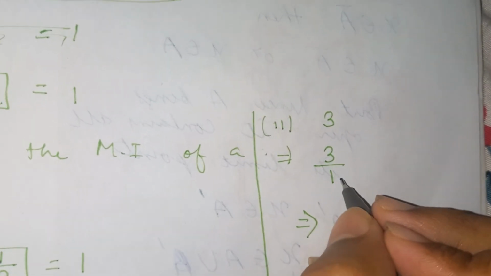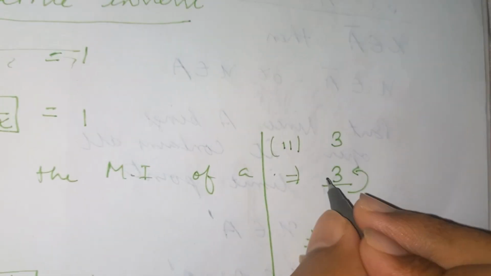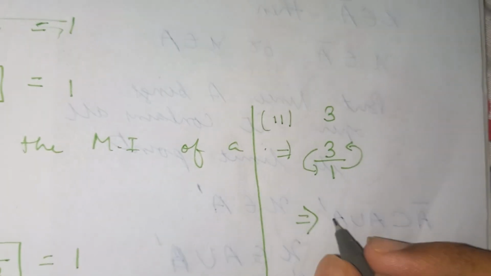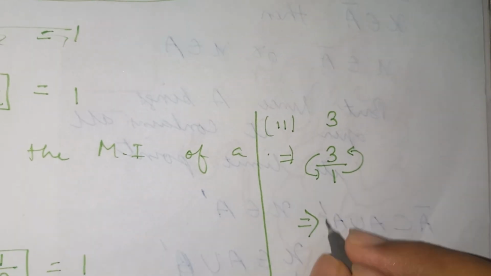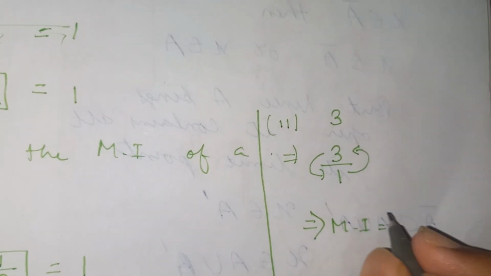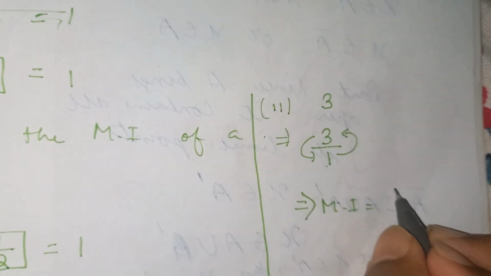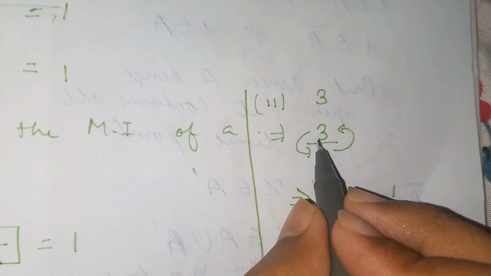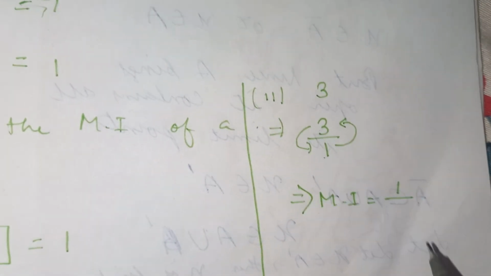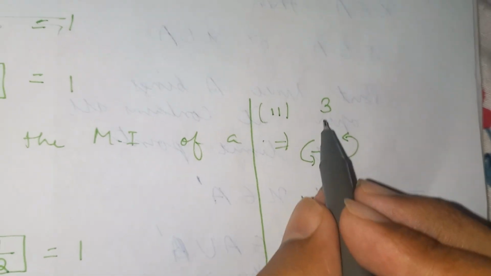What is in the denominator will come in the numerator, and what is in the numerator will go to the denominator. So the multiplicative inverse of 3 is 1 by 3.